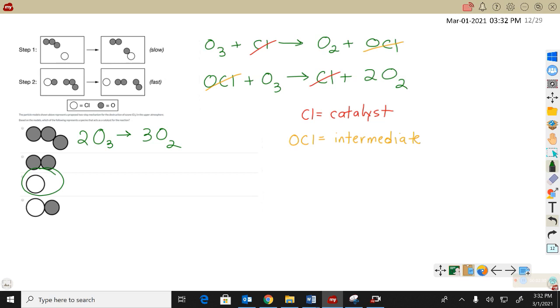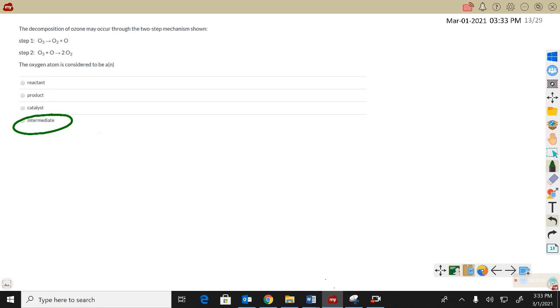It's formed and then consumed, whereas a catalyst will first show up as a reactant. I add it and then I get it back. Kind of like this example. Here, the oxygen atom is an intermediate. It's produced in the first step and consumed in the second, so it would not appear in the final balanced equation.